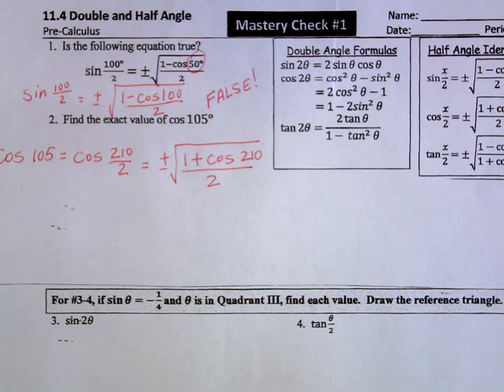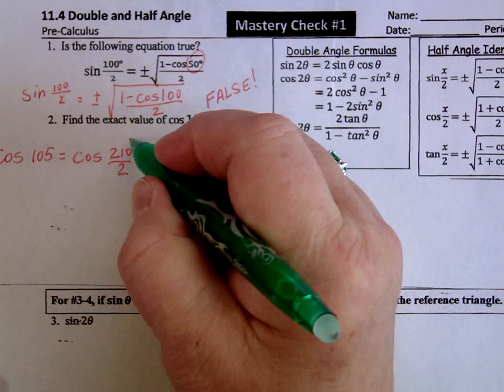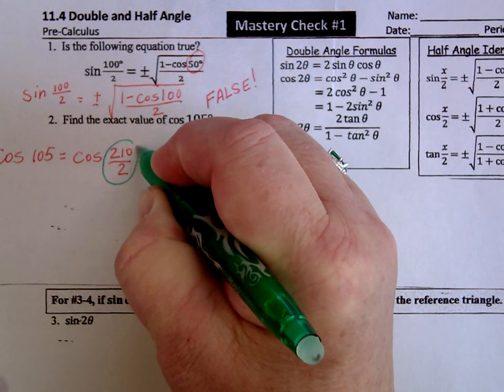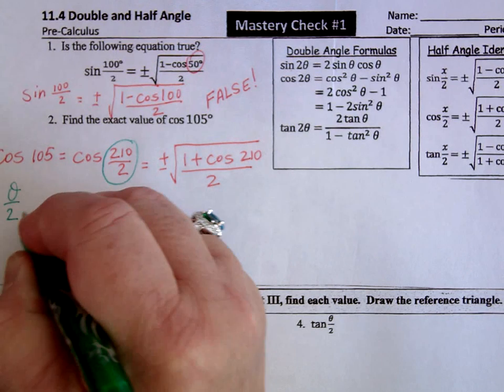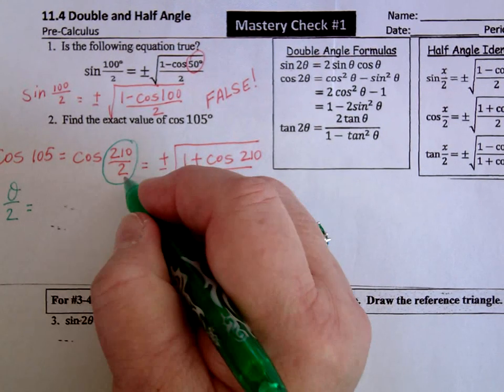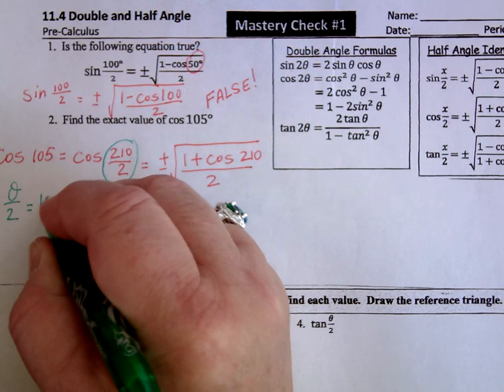Alright, so let's talk about the quadrant. We said we're going to base all of our quadrants off of the half angle part, theta over 2. Theta over 2 in our case is equal to 210 divided by 2, so that's 105 degrees.